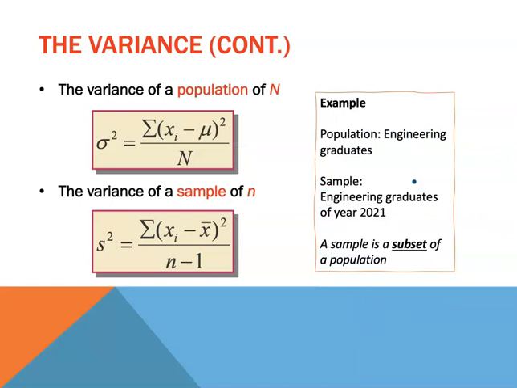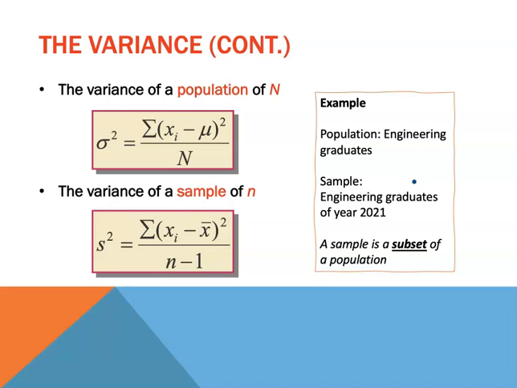So variance of a population versus variance of a sample. What does a population mean and what does a sample mean? So for example, a population is engineering graduates. Anyone that graduated with an engineering degree is considered an engineering graduate.